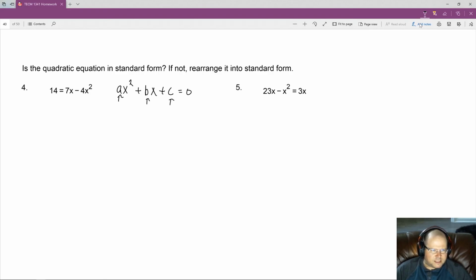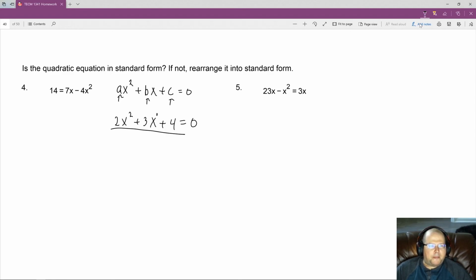So, for instance, a right here might be a 2, b right there might be a 3, I'm just making stuff up, and c might be a 4. In which case, yes, this would be in standard form because we have the x squared first, the x to the first power, even if you don't see it, is the second one, and we have a constant and it's equal to 0. So this is in fact in standard form.